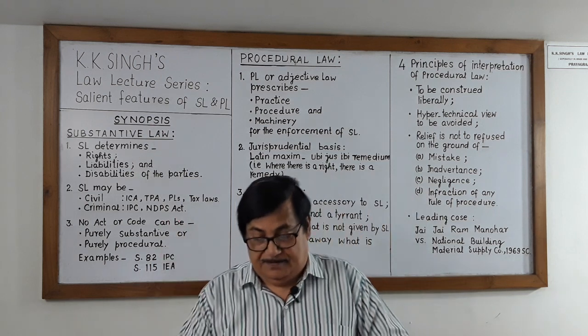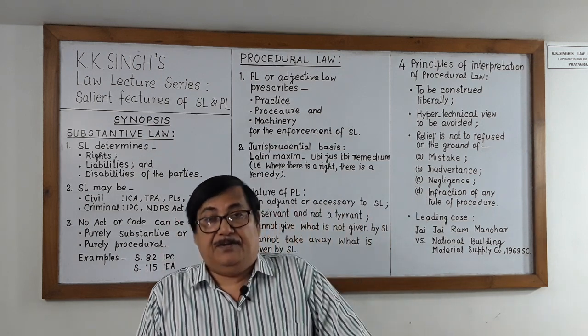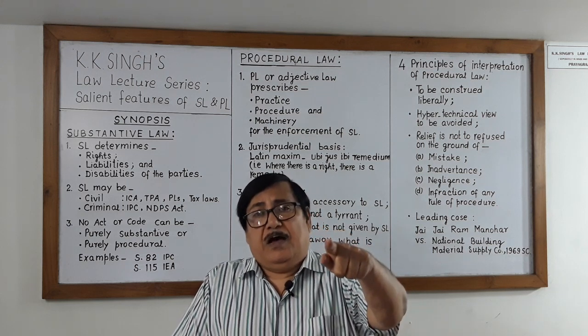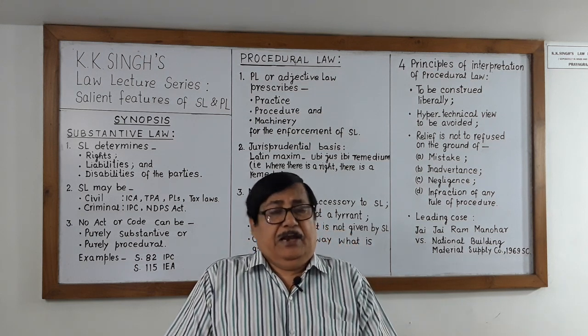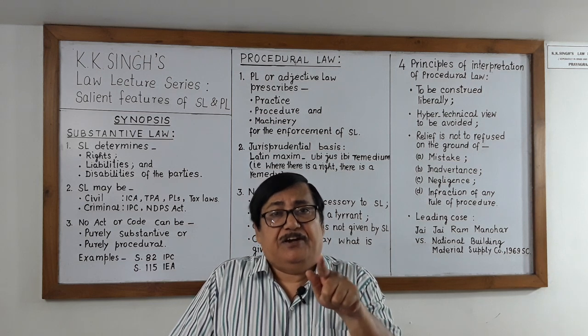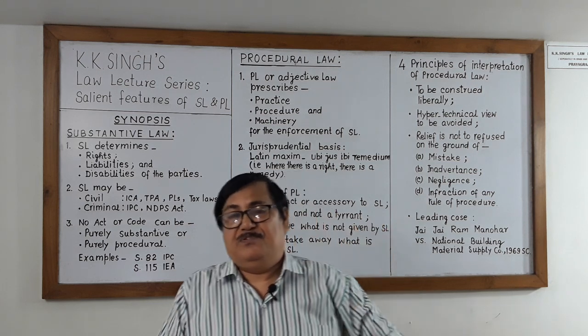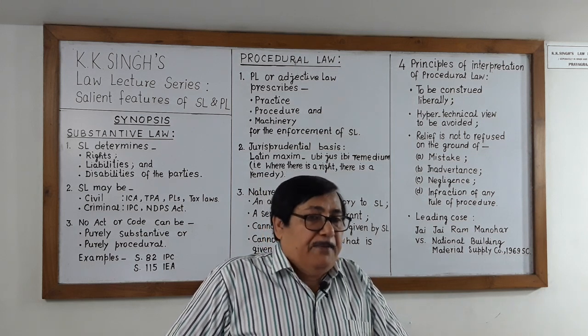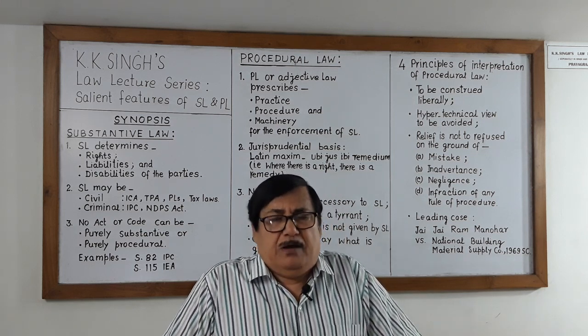Liability. I say that you are a murderer, and so you are liable to be punished under section 302 IPC. And you say, no, I am innocent. I have not committed any murder.